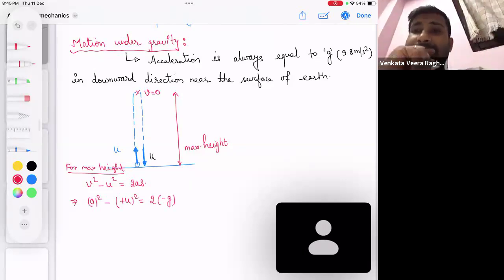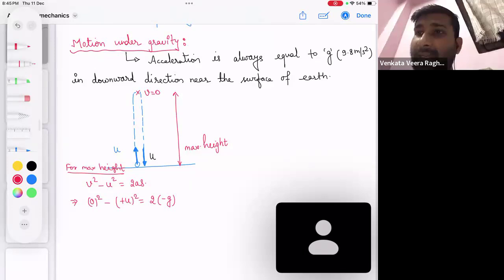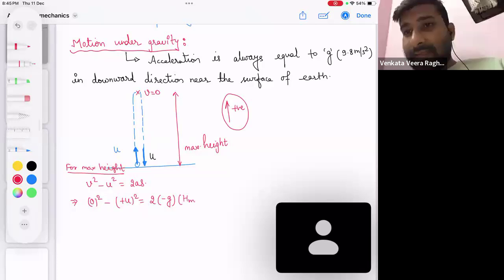Should I write minus g? Minus g, because I am taking upward direction as positive, so the downward vector becomes negative. And g is a downward vector. And this displacement, let me call it H max. So what is the H max coming to us? That is coming u square by 2g.